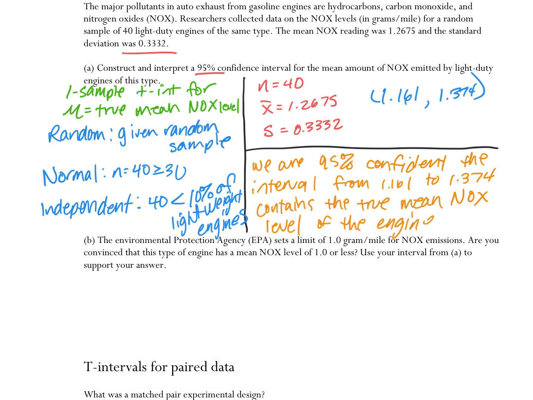And if the EPA requires that it be 1 or less, how's this company doing? Probably not very good. How do I know? Because the interval is above 1, we can definitely say it's not 1 or less.